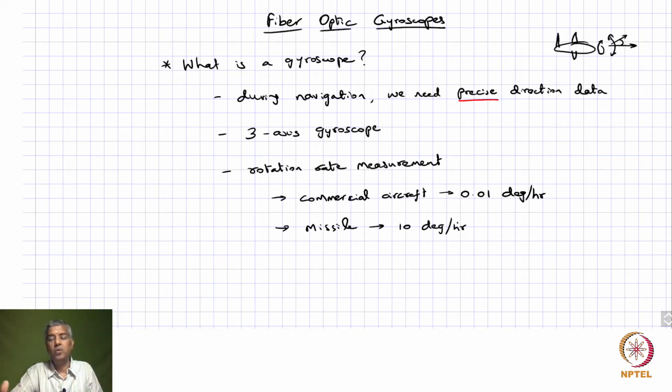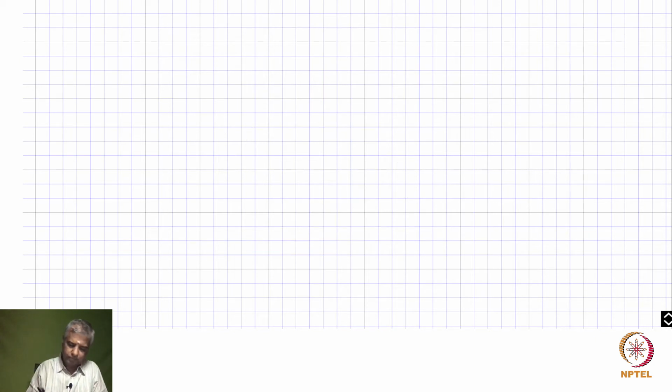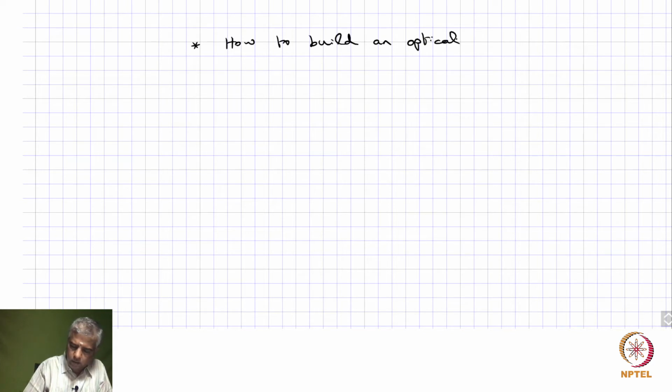and then the question is, how do you build a gyroscope? So let's actually look into that. So let's ask the question, and specifically we are doing an optical sensor, we are looking at how to build an optical gyroscope.